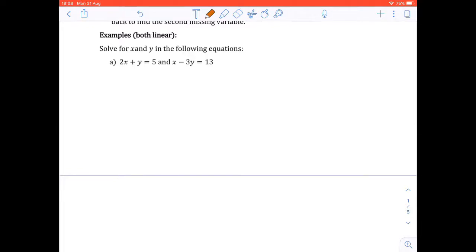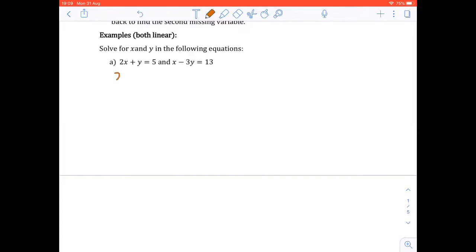My recommendation is to find one of the equations that has a variable by itself and make that variable the subject of the formula. So in this case you have 2x plus y equals 5 and x minus 3y equals 13. So you could reasonably make y the subject in the first, or in the second equation make x the subject, to make just a single variable the subject of the formula, which is your goal.